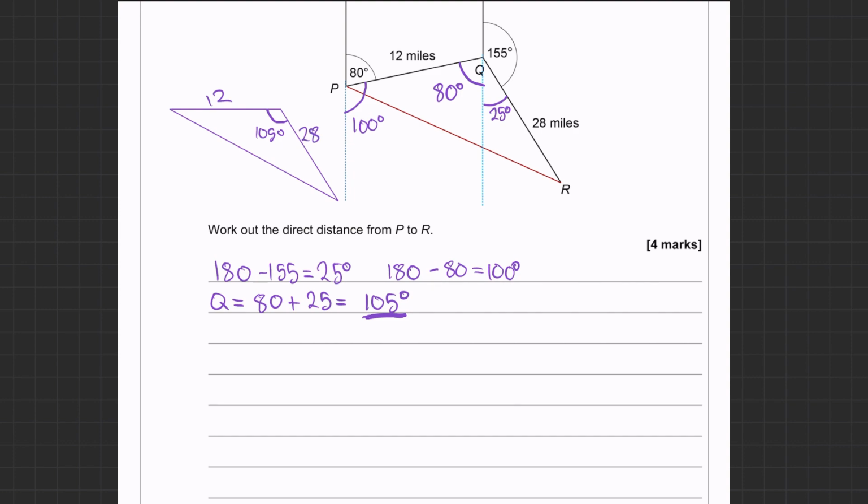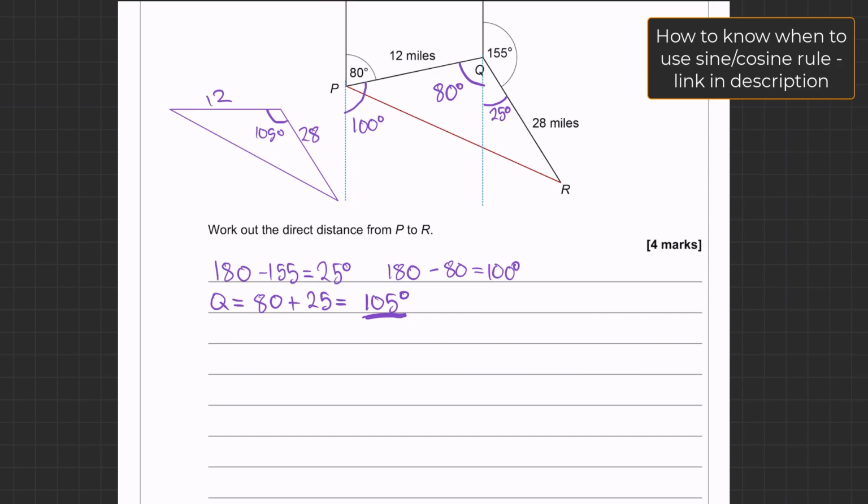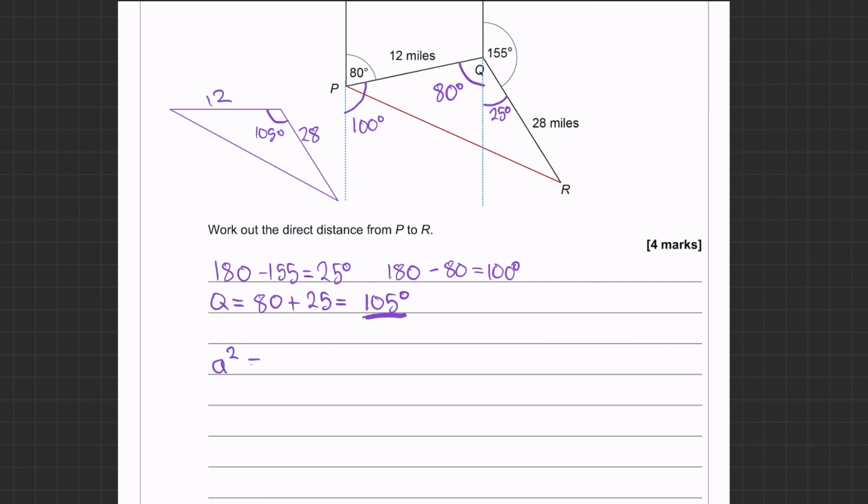So we can see from this triangle that we're going to be using trigonometry, and it's not going to be standard SOHCAHTOA, it's going to be either the sine rule or the cosine rule. Well, we've got two sides and an angle in between, so we're going to use the cosine rule, which is a squared equals b squared plus c squared minus 2bc cos A.